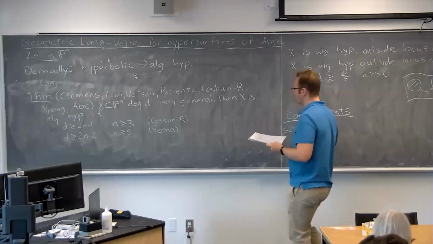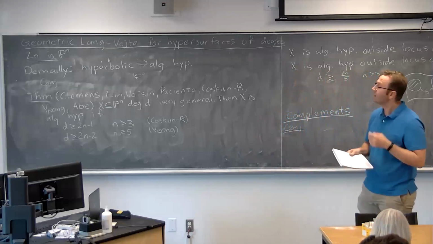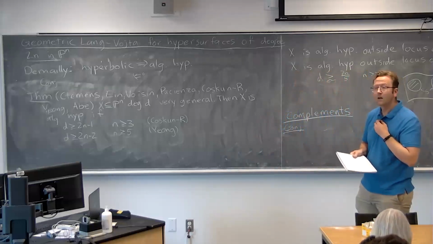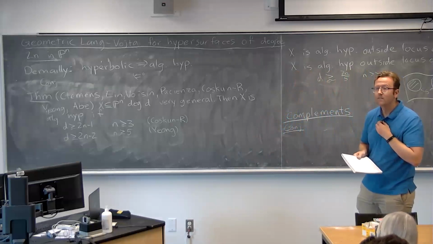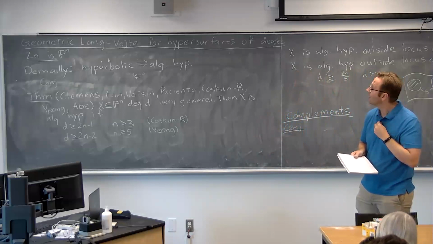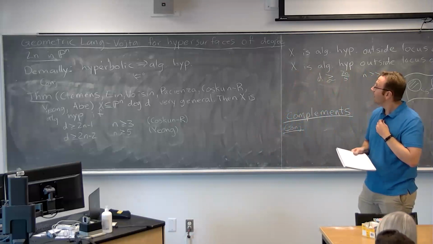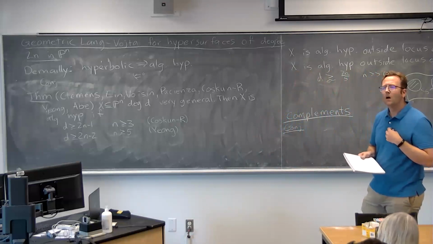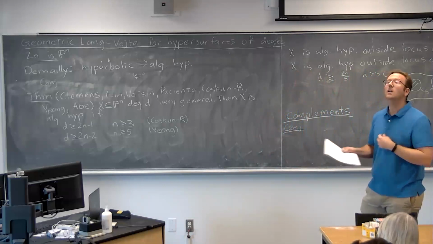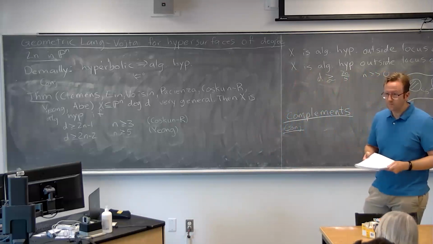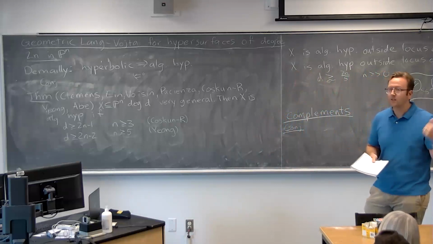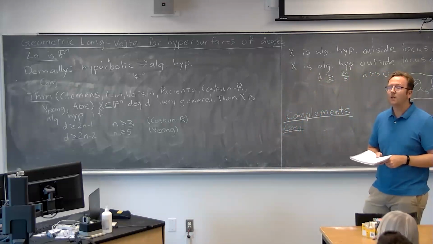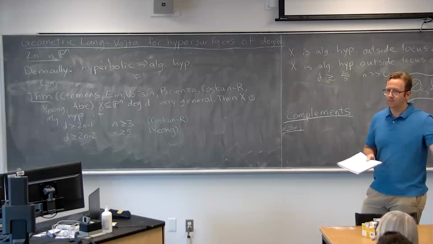Just a remark. In order to prove the other implication, that algebraically hyperbolic implies hyperbolic, you could of course get it if you prove that the theorem of Clemens is sharp, that is, you have the converse. Then you would have the optimal bound in the Kobayashi conjecture.